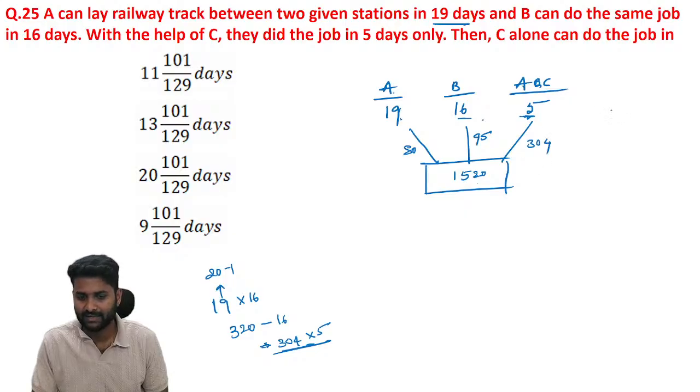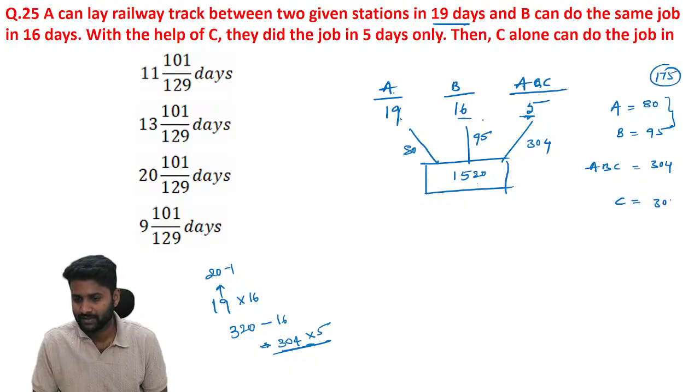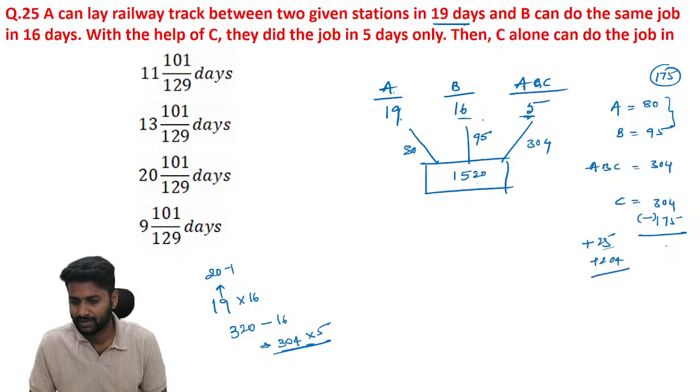Just understand that the efficiency of A is 80 units, B is 95 units, and A, B, C together is 304. Then find the efficiency of C. The sum of these two values is equal to 175. So 304 minus 175, just subtract, that is enough. The value becomes 129 units. Clear?